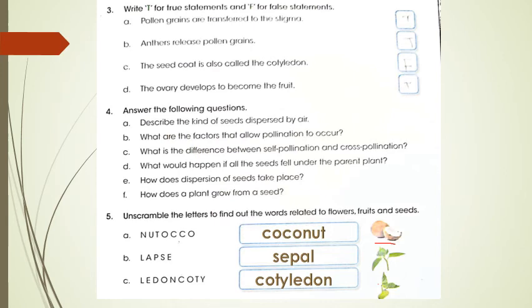So the proper word formed from these letters is coconut. This is sepal. Here is the picture of a sepal, S-E-P-A-L. This is cotyledon, C-O-T-Y, coty, L-E-D-O-N, cotyledon.